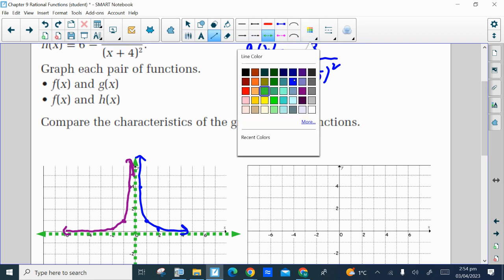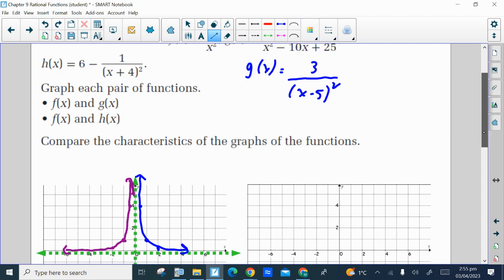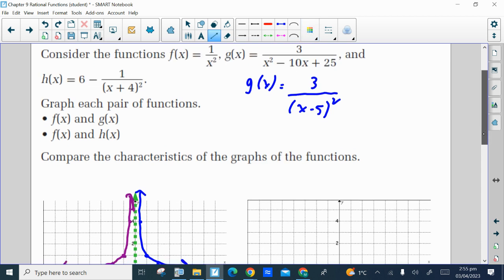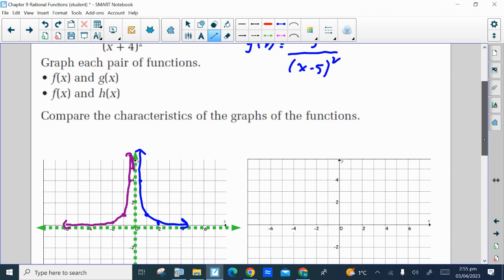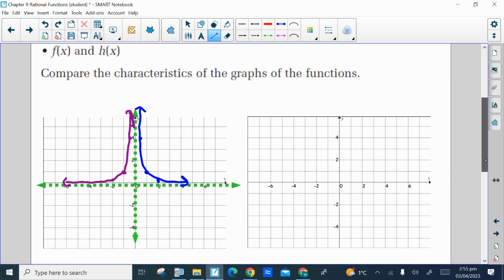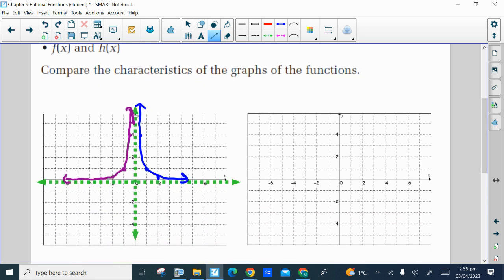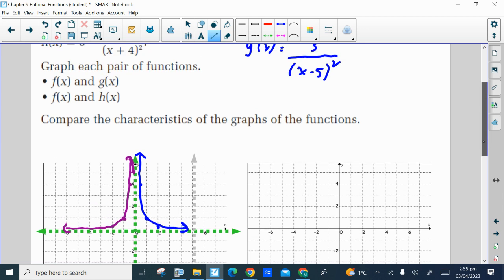Let me just change the color, something different. So here we have a non-permissive value of x equals 5. That's our non-permissive value.